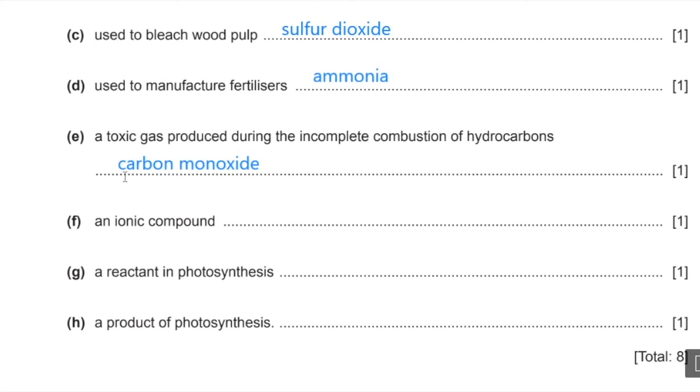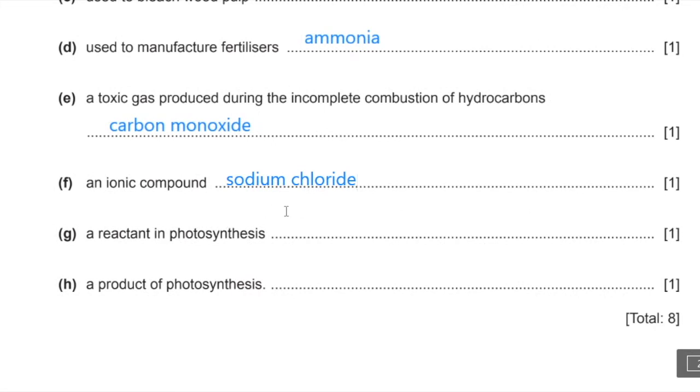F, an ionic compound, which would be sodium chloride. A reactant in photosynthesis, which is carbon dioxide. And finally, a product of photosynthesis, which is oxygen.